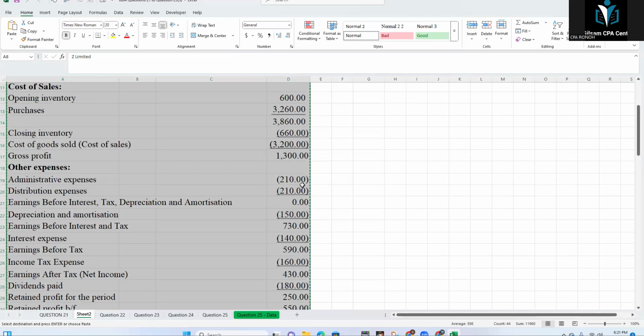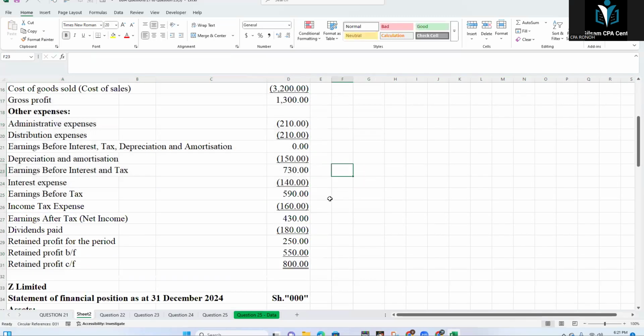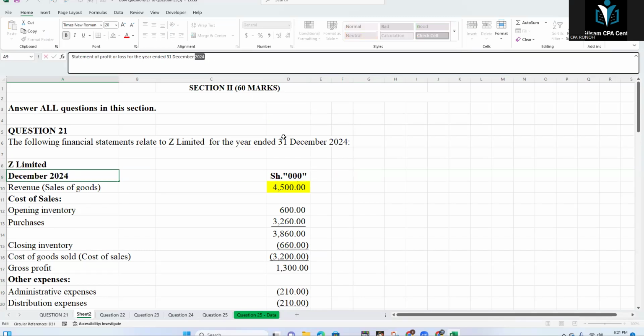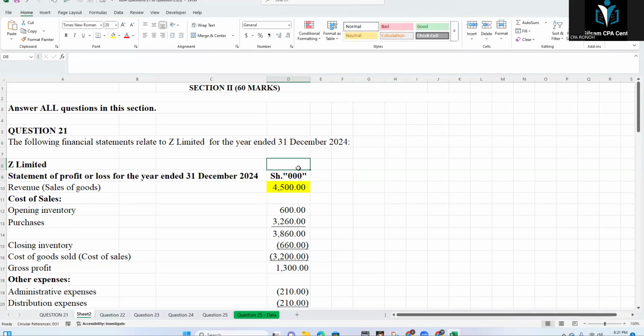There is no need for us doing double work. So this is 2024. We can have 2025 up to 2029. Sorry, we need 2024 first. So what you do, select this, Control C, put it here.